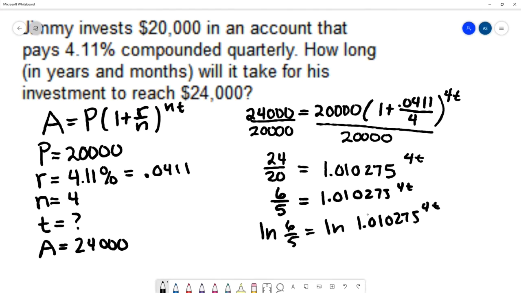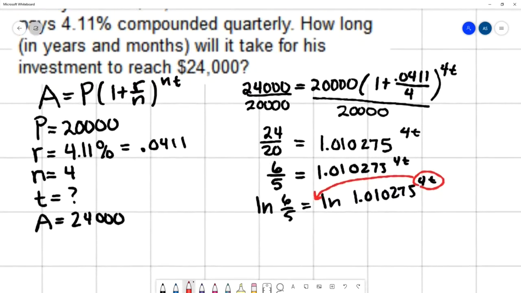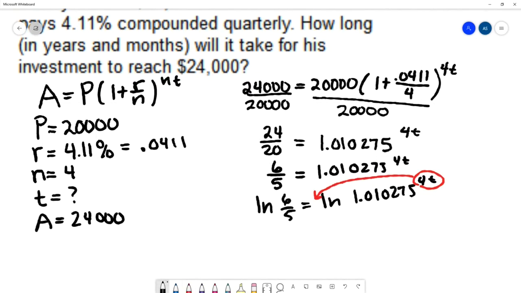Once we introduce the log, we can now use the power rule for logarithms and bring this power to the coefficient of the log. It gives natural log of 6/5 equals 4t natural log of 1.010275.